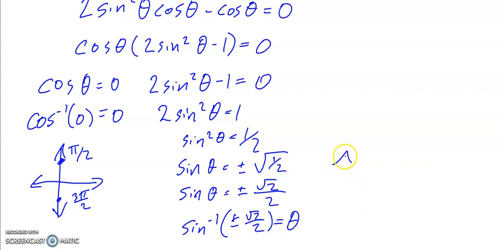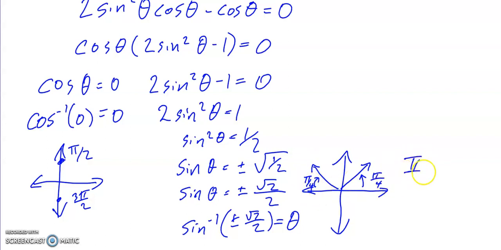When we look at our sines, where do those happen on our unit circle? Well, that's going to be at all of my pi over 4 reference angles. We're going to go pi over 4 all the way around. So all of my reference angles are going to be pi over 4.